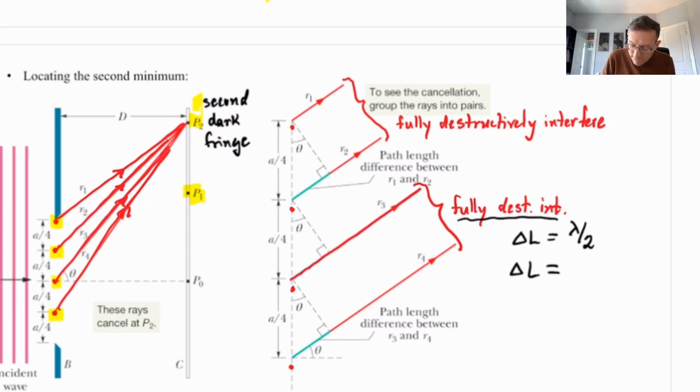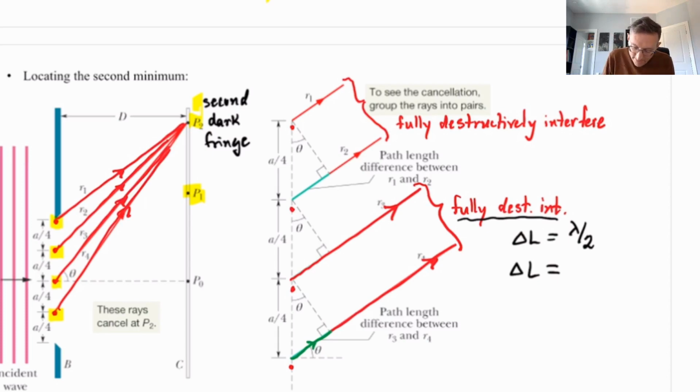There's R3, and there's R4, both going to point P2, but R4 also has that extra bit right there. And that's the extra distance that R4 travels compared to R3. And so that's delta L, the path length difference between R3 and R4.